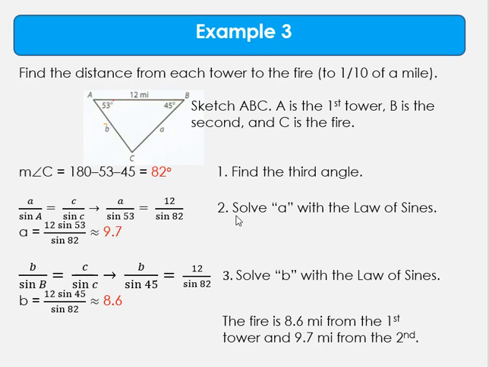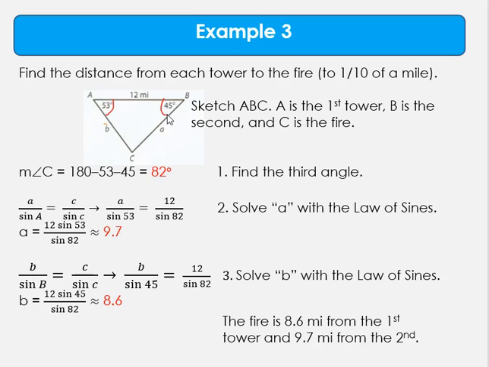So here's your 53 degrees. Another ranger in a second fire tower located 12 miles due east reports sighting the same fire at 45 degrees south of west. Find the distance from each tower to the fire to the nearest tenth of a mile.